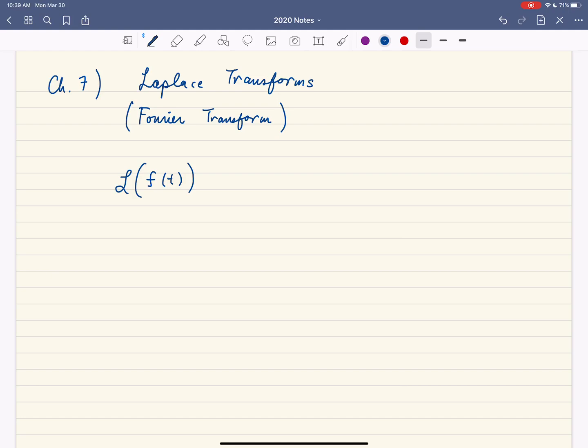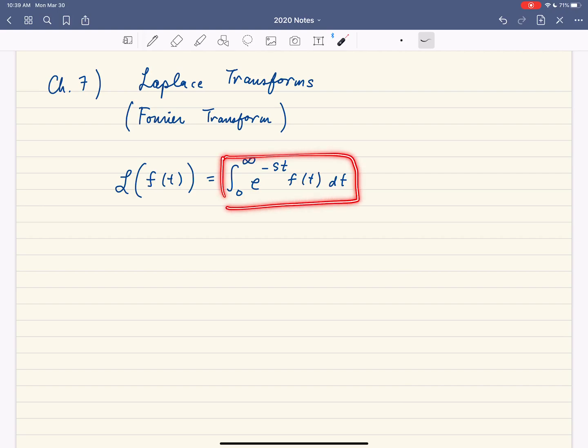And the Laplace transform is going to be the integral from 0 to infinity, an improper integral, of e to the negative st times little f of t dt. So we're going to integrate this function f against e to the negative st. And if you think about it, your answer is going to be just some function of s.